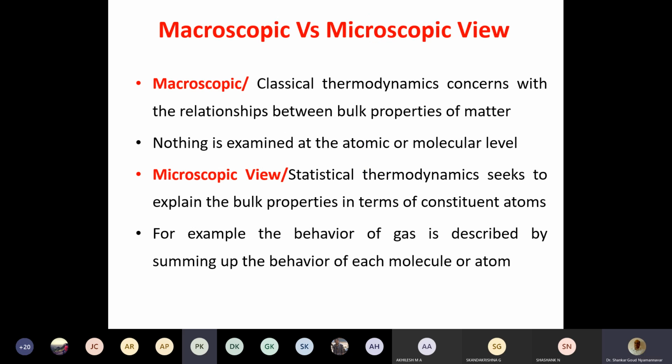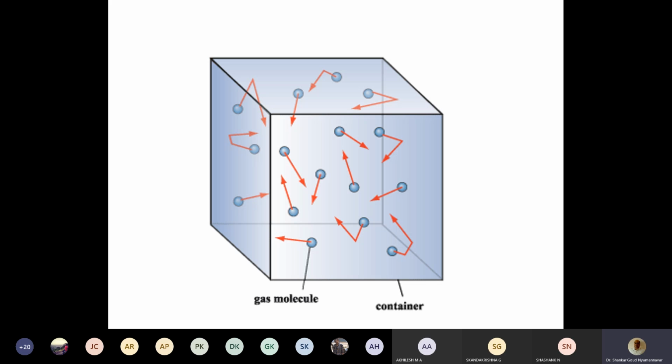So, as I said, there is a macroscopic approach and a microscopic approach. Both are valid. Both give you the same result. As I said, there is the kinetic theory of gases you have studied in PUC. What you do is you consider the gas as small particles of some mass m, then apply the laws of mechanics to them, then statistically sum it up to arrive at the bulk behavior of the material.